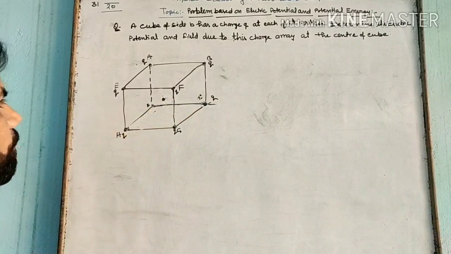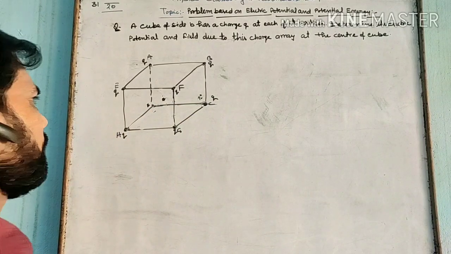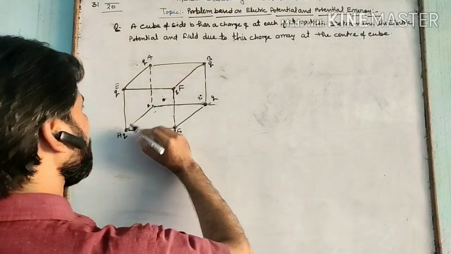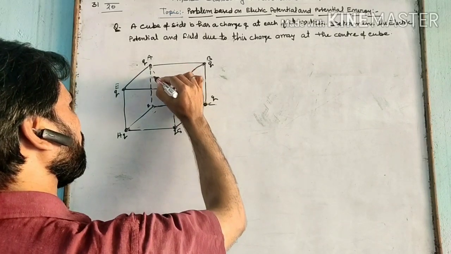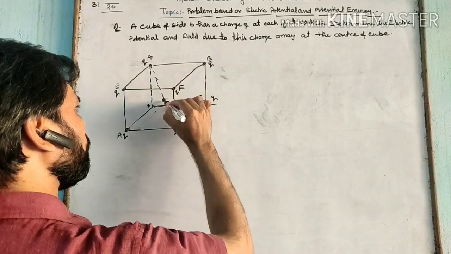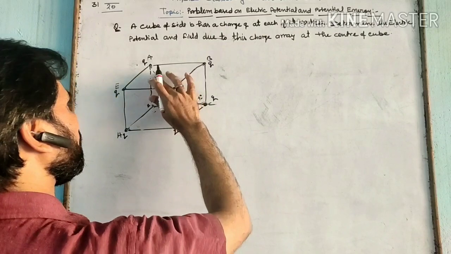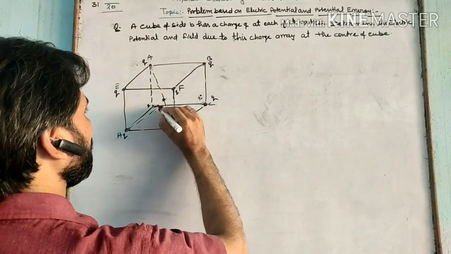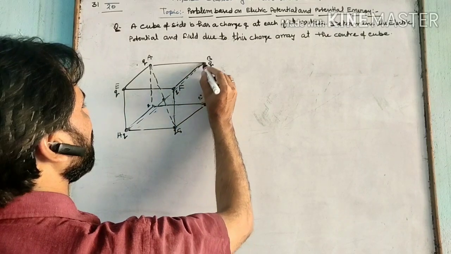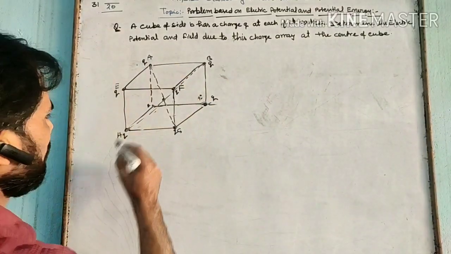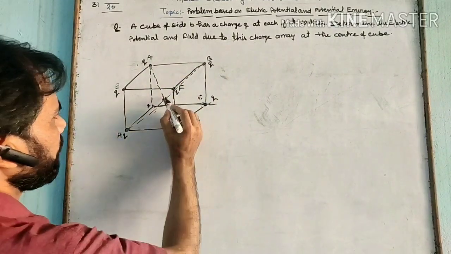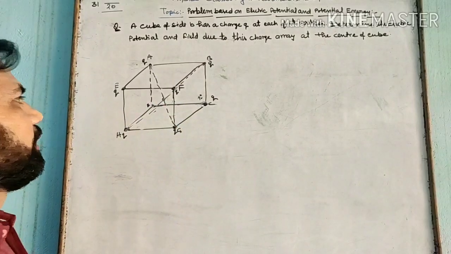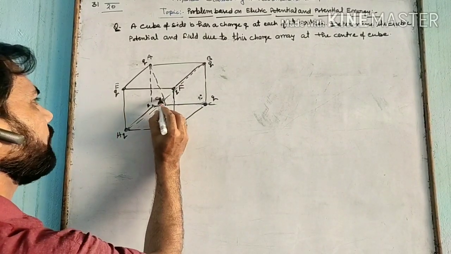Let us find out the center of the cube. For that, the point of intersection of the diagonals, which are formed between this and this, if we join A to G and H to B, the point of intersection is the center of the cube. Let us assume this is O.